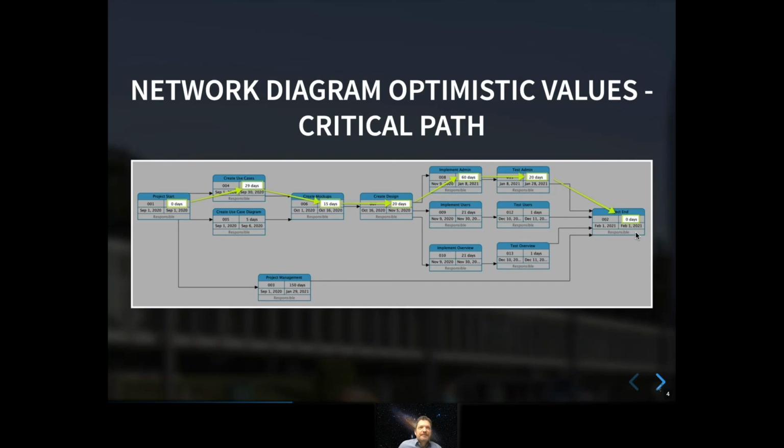But you can also play around and see where we can come out in our project end if everything goes well. In our case here, let's assume these are all the optimistic values we have in our tasks. Then the earliest end date is the 1st of February, for example. And then you can analyze it even further.